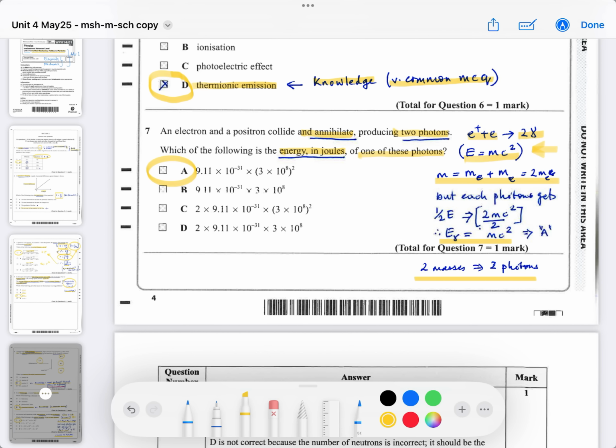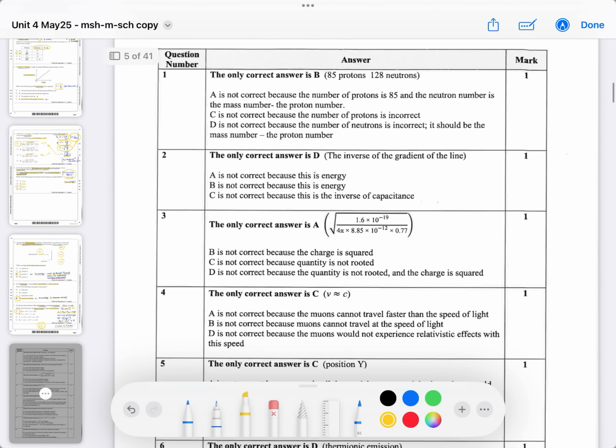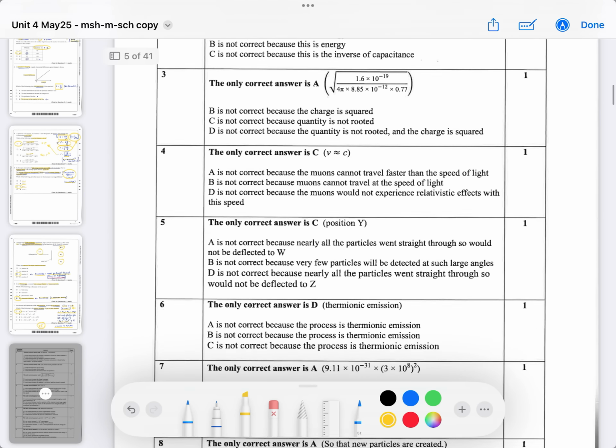Of course, these annihilating particles will also have some kinetic energy in reality, yeah, and they have not included that in this question, okay? And here are the multiple choice answers from the exam board, so you can take a look and stop the video if you wish to.